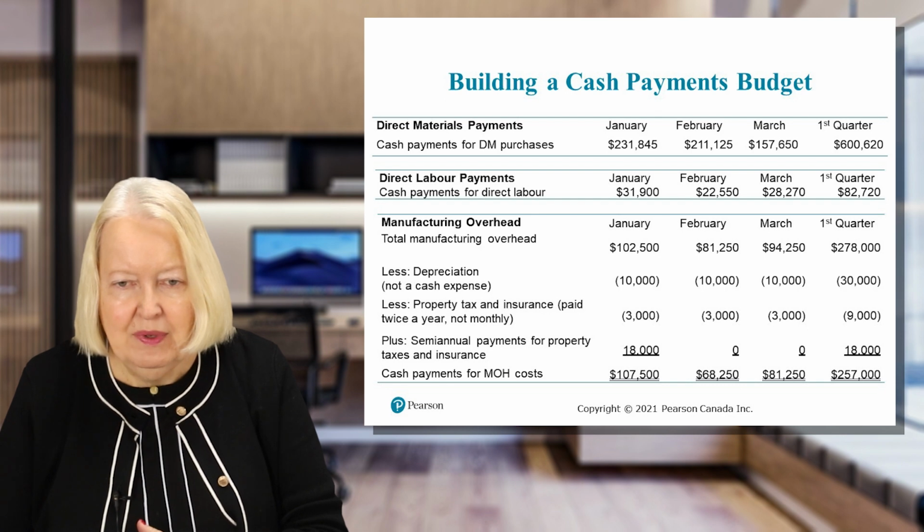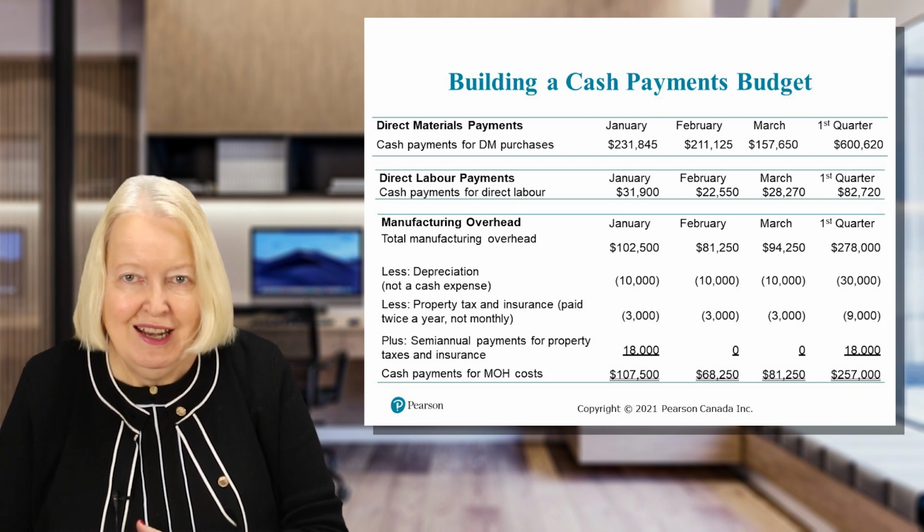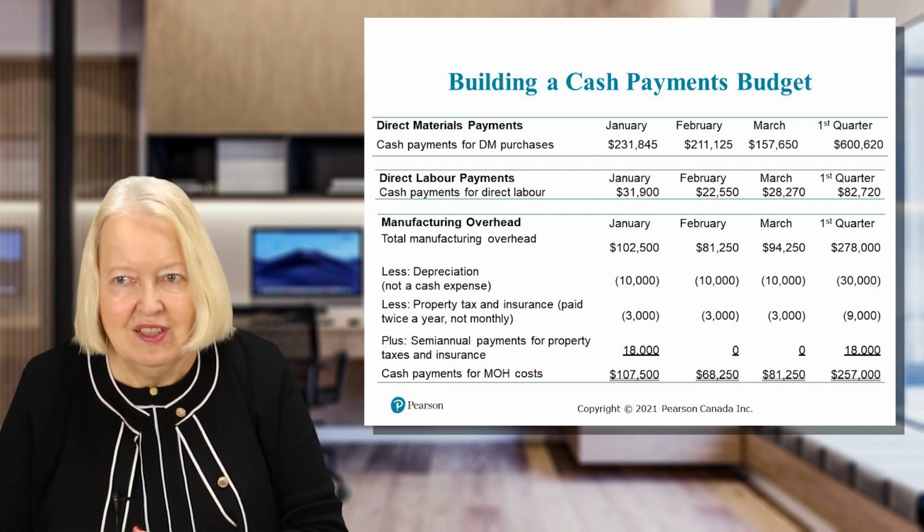Then the property tax and insurance amount is $36,000 a year. From an accrual point of view, you just divide your $36,000 over the 12 months. That's where the $3,000 per month is coming from. But that's not actually how you pay your property tax and your insurance. It's payable twice a year.